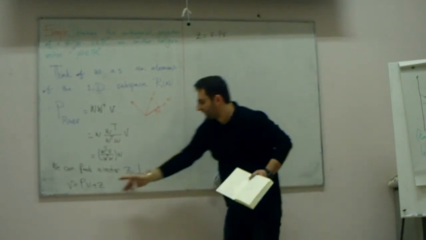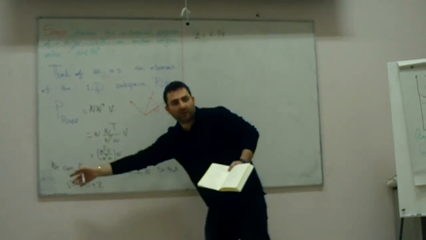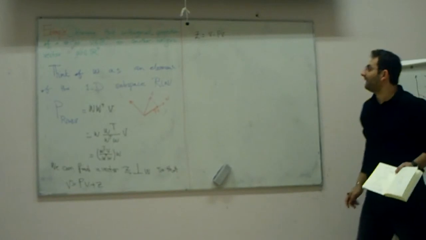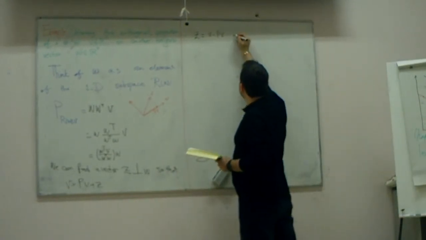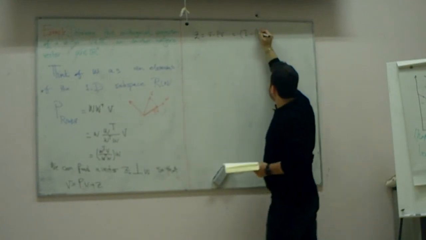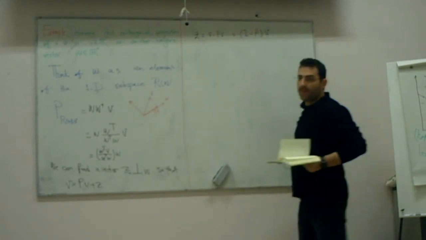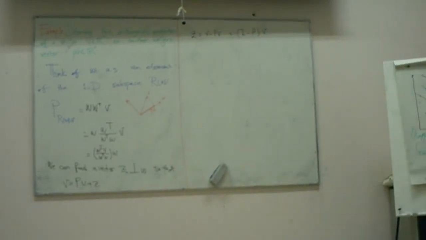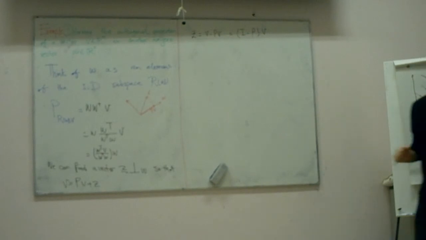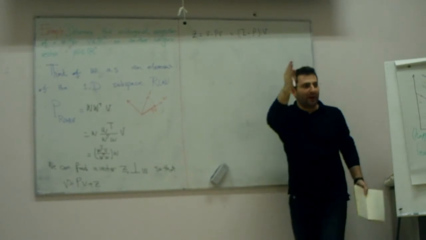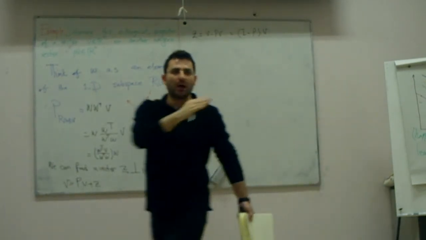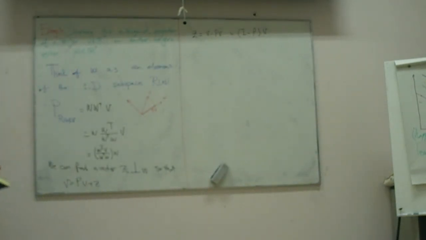Because if instead of Z I put V minus PV, the PVs will cancel each other and we will have V. Which is I minus P multiplied by V. You remember what is I minus P? P of Y and X was I minus P of X and Y. So we got to the point.